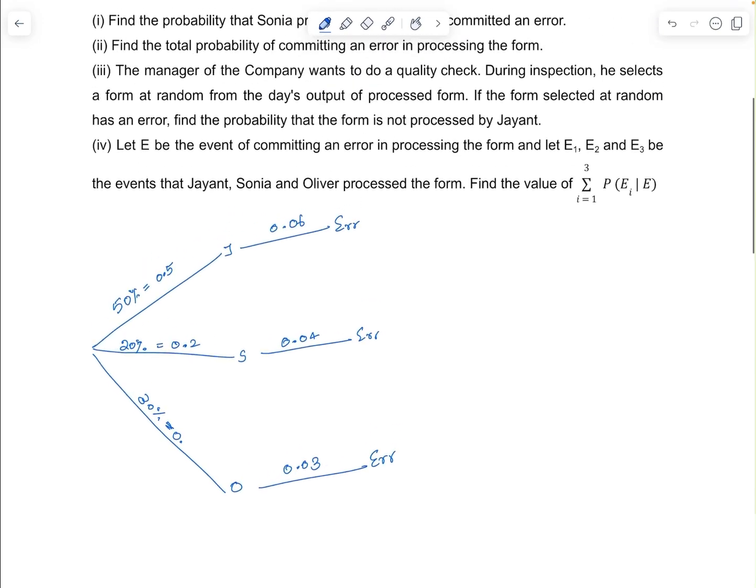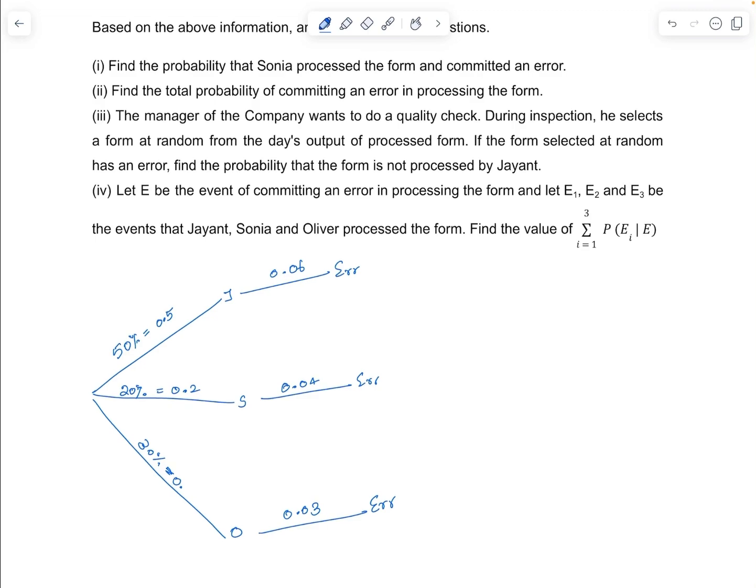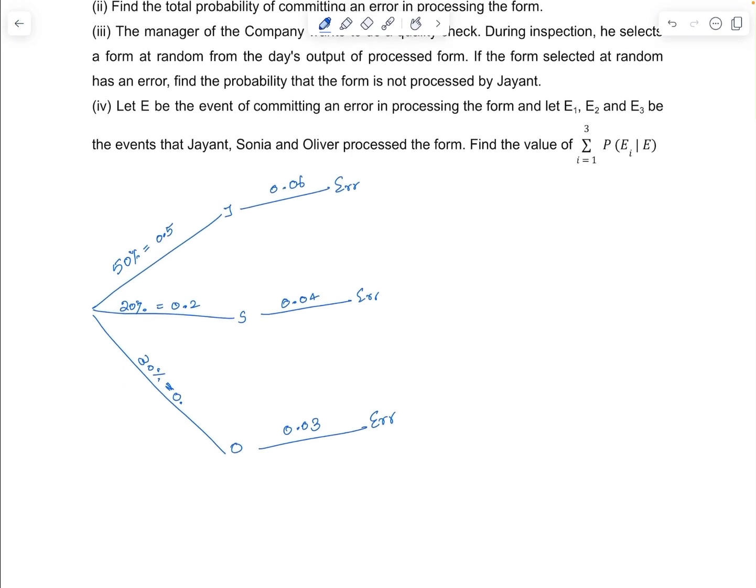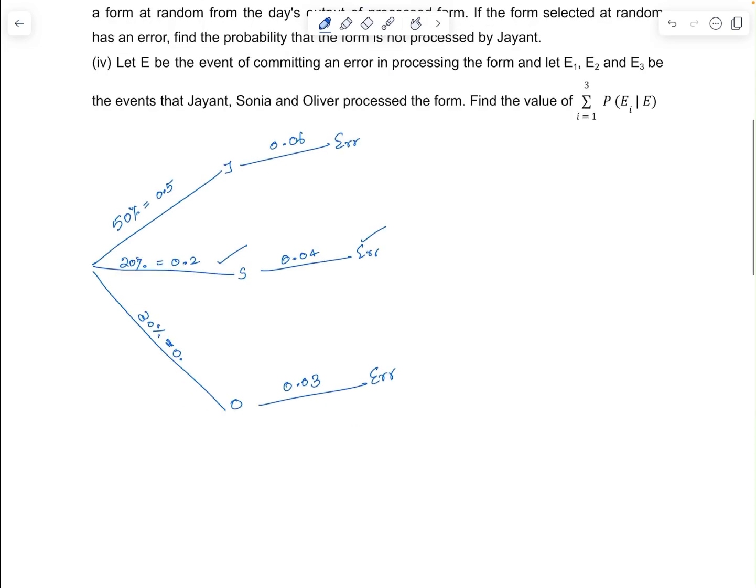The first question says find the probability that Sonia processed the form and committed an error. Sonia processed the form and committed an error. So this will be equal to 0.2 into 0.04, which is equal to 0.008.